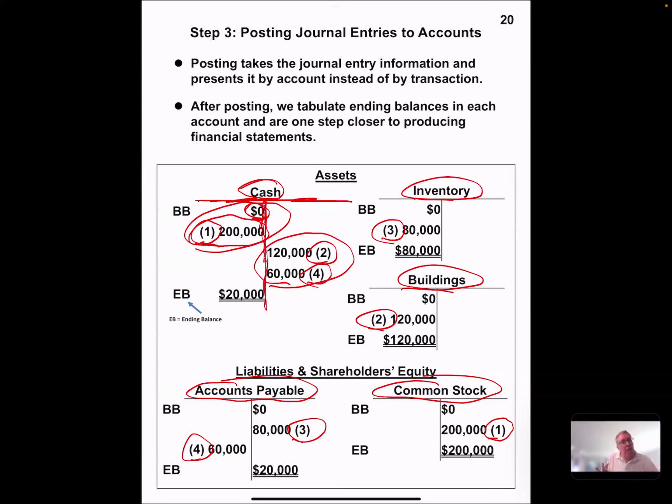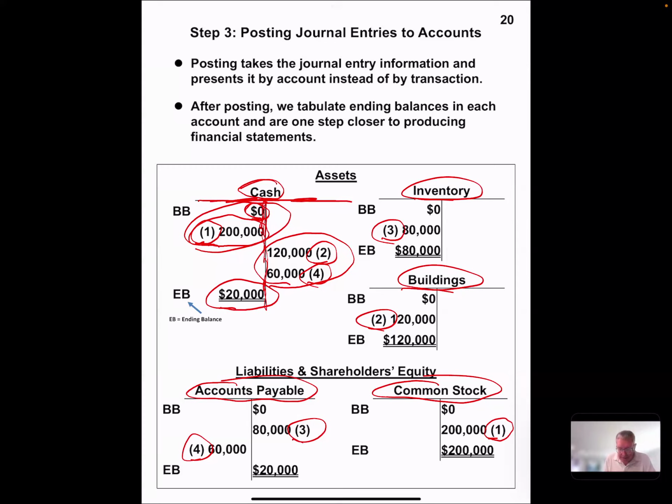So we net those two against each other, and we're left with more debit balance than credit balance in the amount of $20,000. So $200,000 in debits, $180,000 in credits, leaving us with an ending balance of 20. And that's what we would expect. Cash is an asset. The normal balance should be on the debit side of the account.